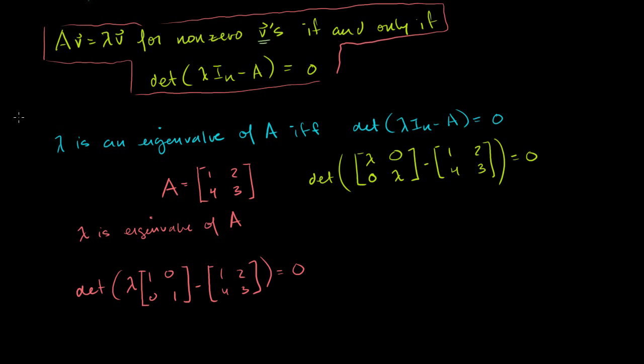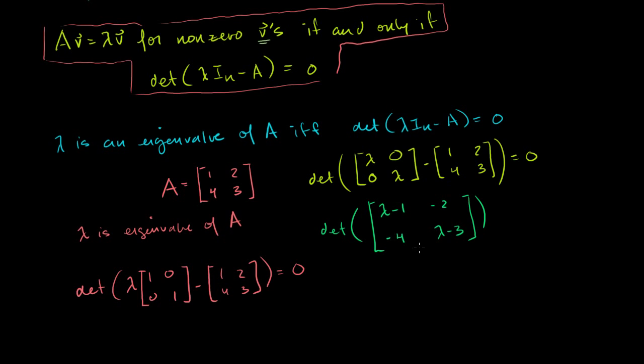And then this difference of matrices, so keep the determinant. This is the determinant of, this first term is going to be lambda minus 1. The second term is 0 minus 2, so it's just minus 2. The third term is 0 minus 4, so it's just minus 4. And then the fourth term is lambda minus 3.